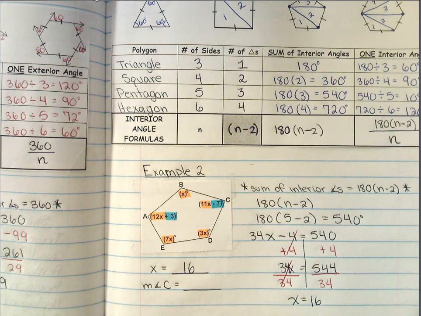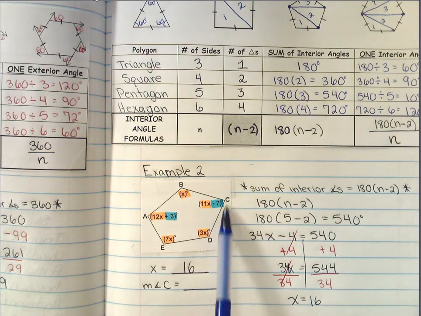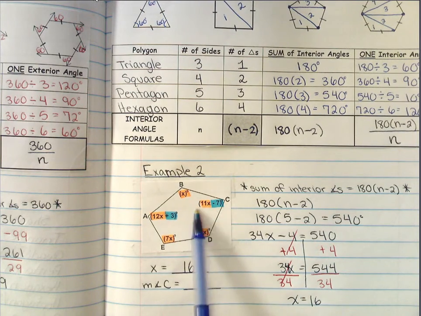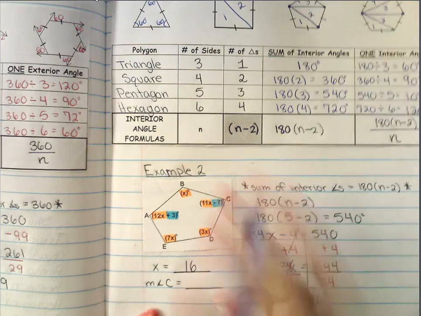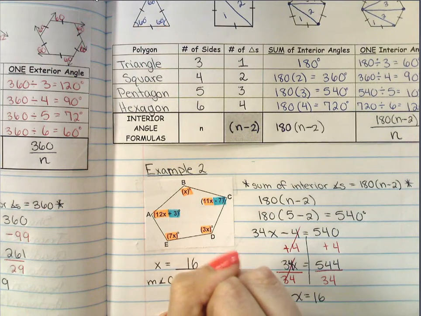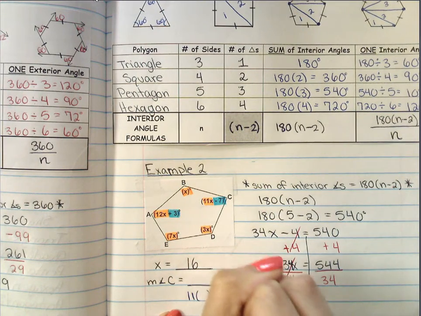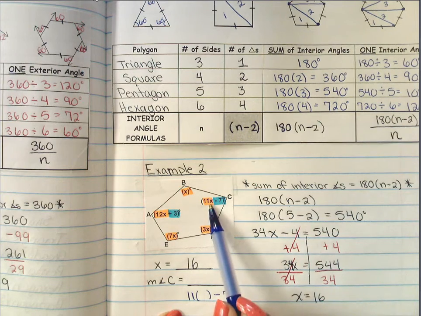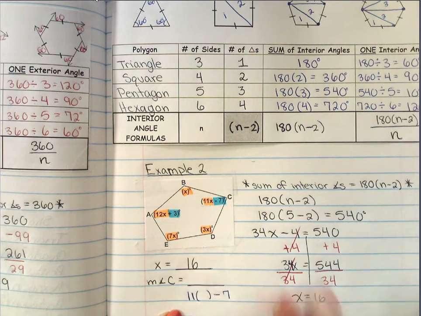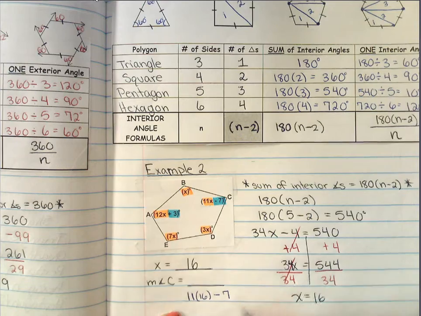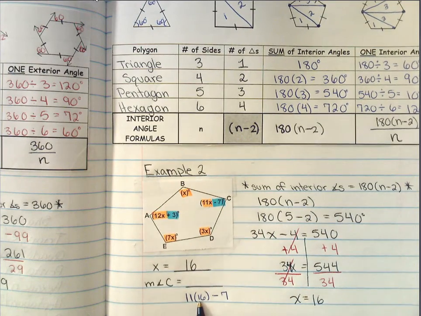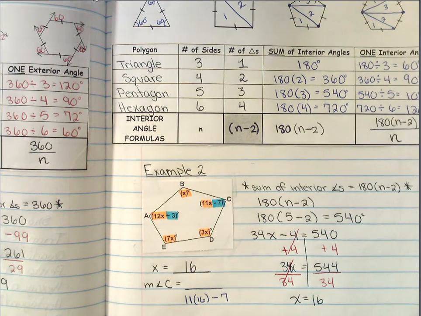Then they're asking me to find the measurement of angle C. Angle C is right here. That means I'm going to plug into this expression: 11x minus 7. Instead of x, I'm going to plug in that 16. So I have 11 times 16 and then minus 7.